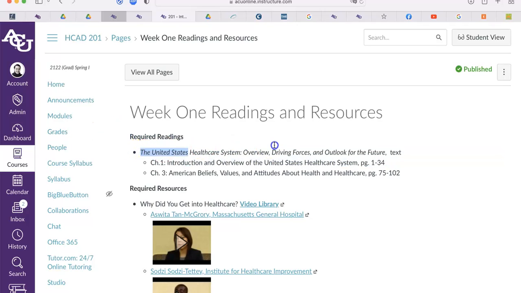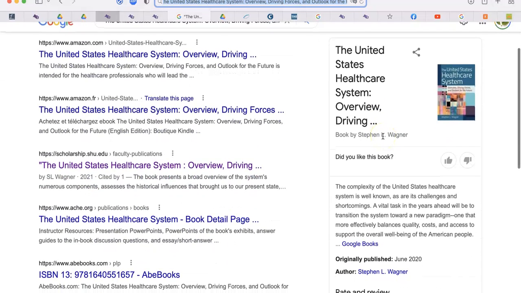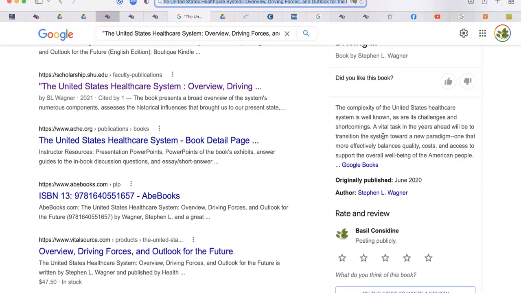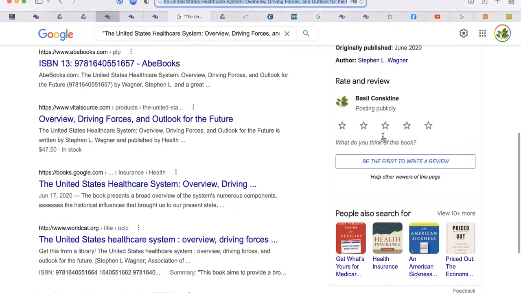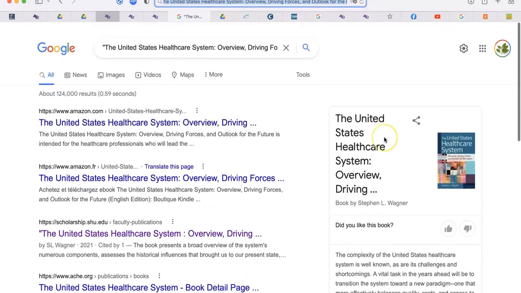There are ways we can find it. Starting with, if we just take this and we search for the title in quotes, and we see, oh, yes, Stephen L. Wagner. Wagner, just going to depend on the history of the family and when they moved, in this case, to the United States. All right, so we have this book by Dr.